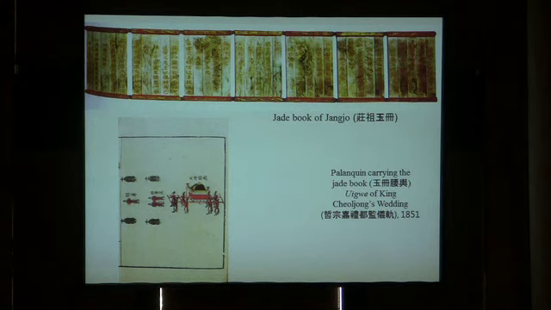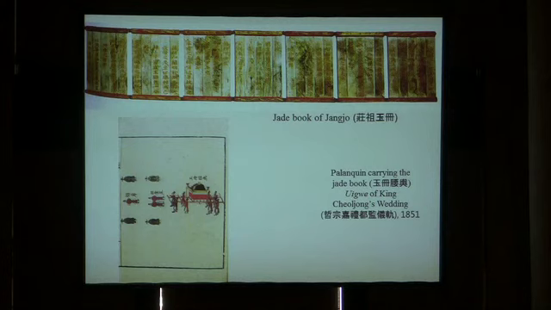Now, many of you know that in ancient China, books are made of strips of bamboos put together. And in that tradition we also use this important document written on the pieces of jade put together.